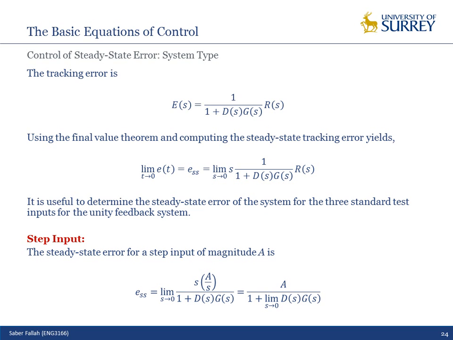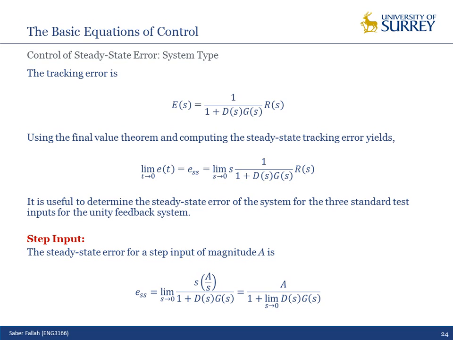You have the controller and the plant transfer function, all together will be DG. If DG goes to infinity, the steady state error is 0. If it is 0, your steady state error is A for the step input. If it is constant, it will be A over 1 plus something constant.